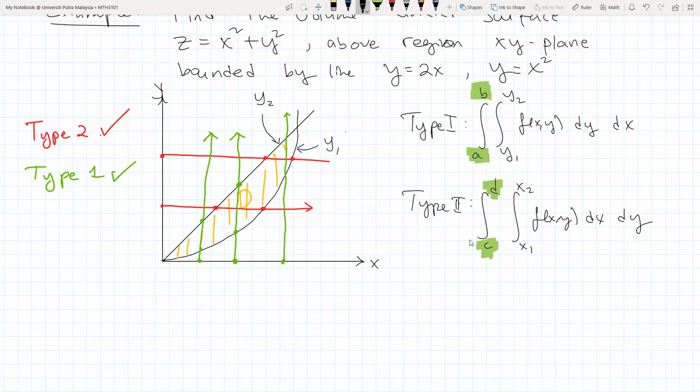Type 1. Why? Why do you use type 1? Why do you think? Not based on the note, but based on you. Why do you think that you need to use type 1?